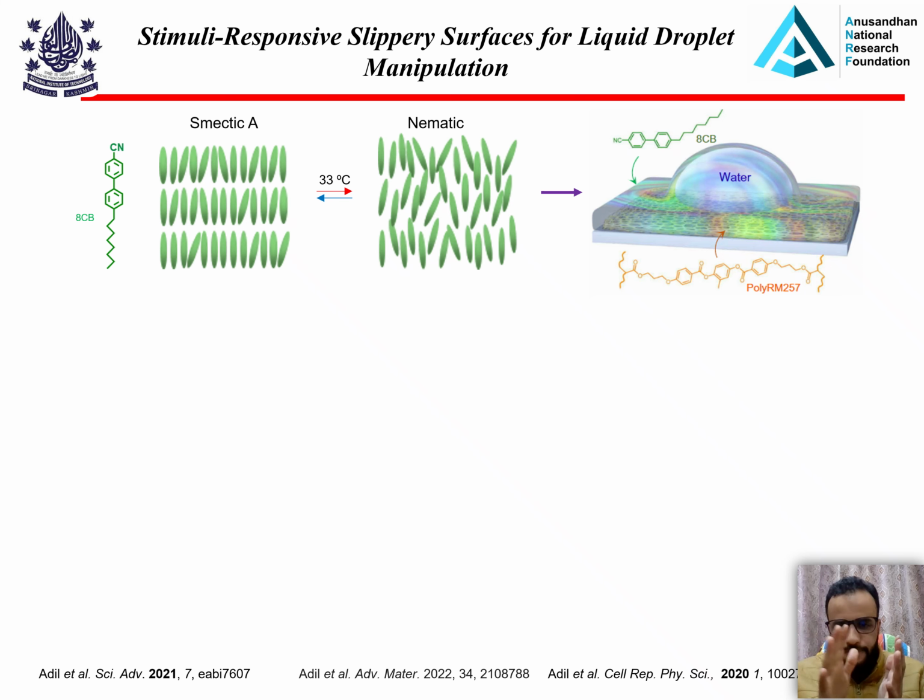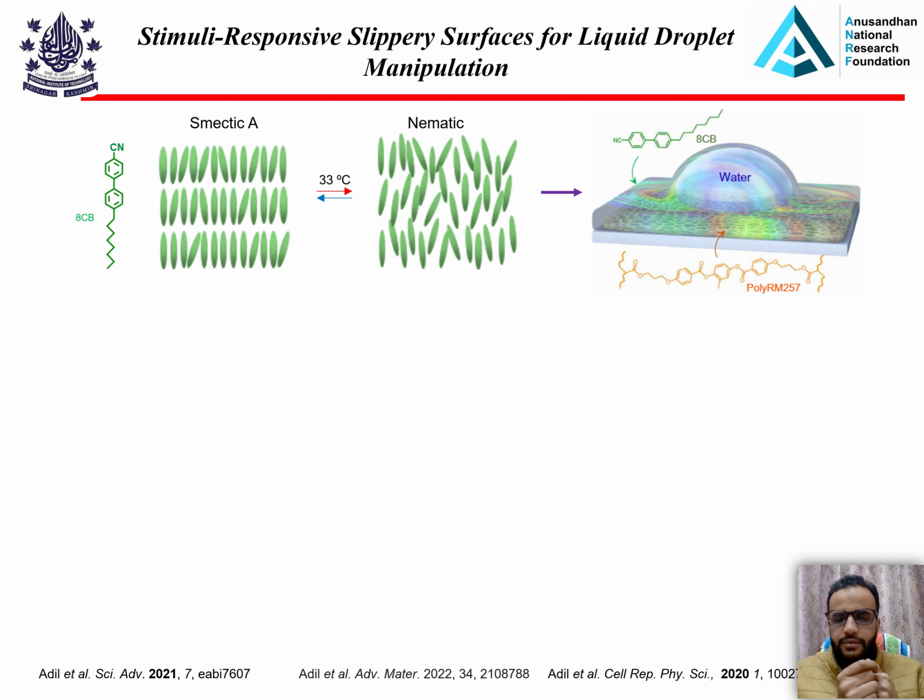One of the best properties of liquid crystals is that they have different properties at different temperatures. The particular liquid crystal we take here is 8CB liquid crystal, which exists as a solid at room temperature, but above room temperature it acts as a liquid.